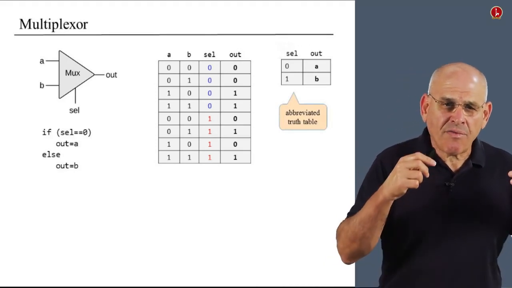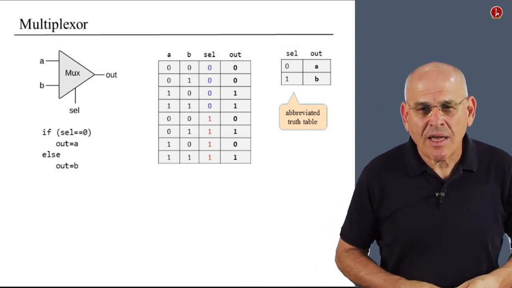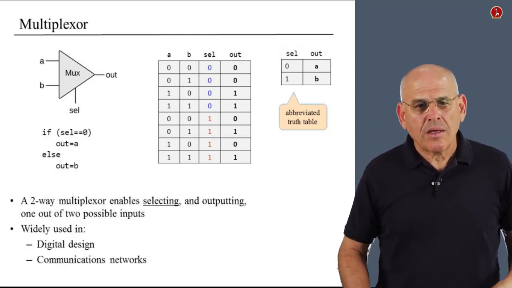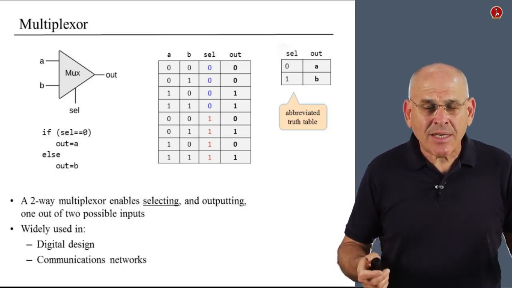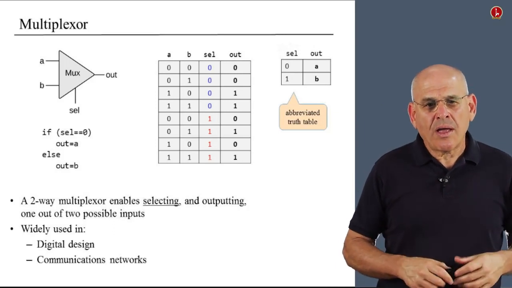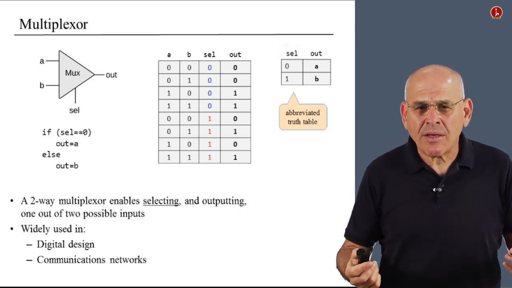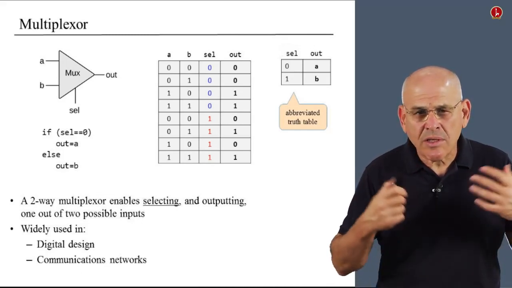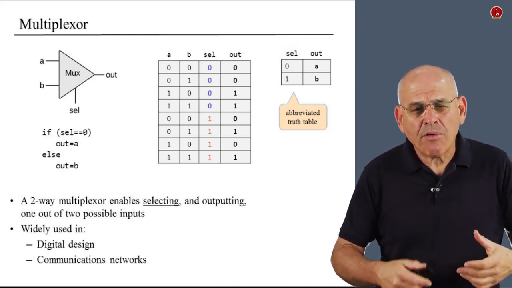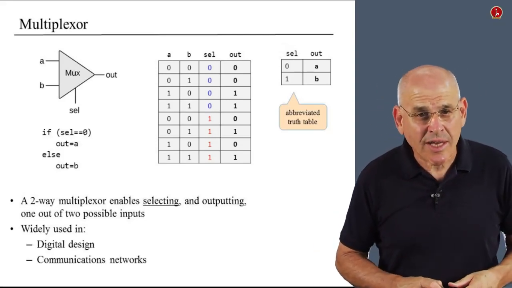Once again, if sel is 0, the multiplexer outputs A, otherwise it outputs B. So a two-way multiplexer enables us to select and output one out of two incoming inputs. And this is a fundamental operation that is being used over and over again, both in digital design projects as well as in communications networks.